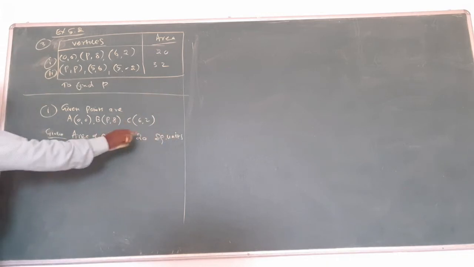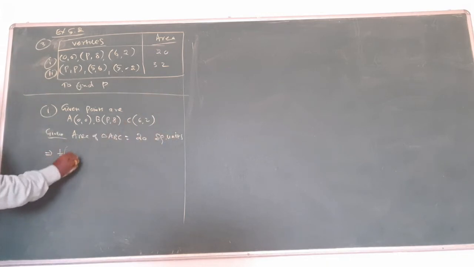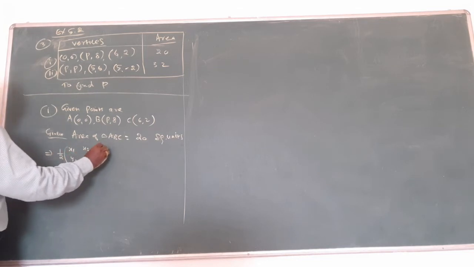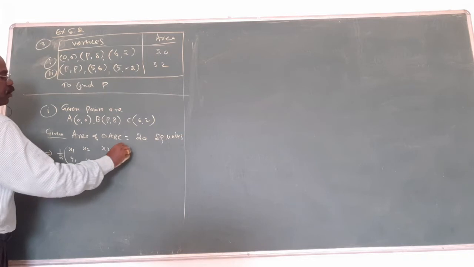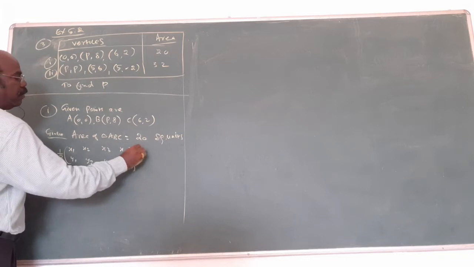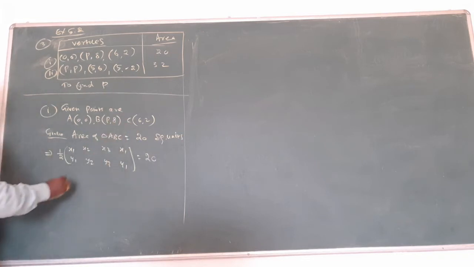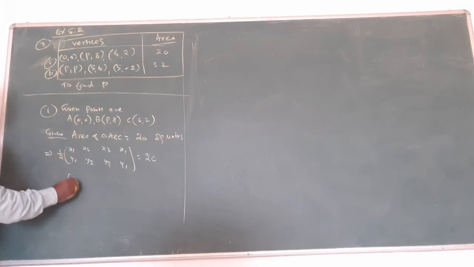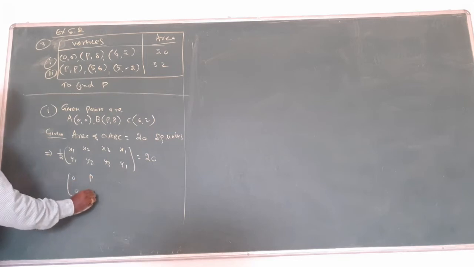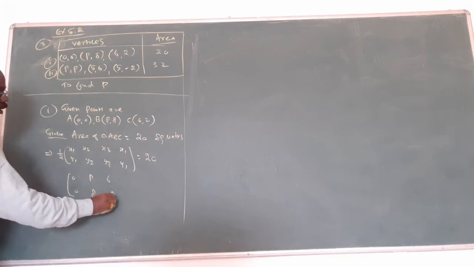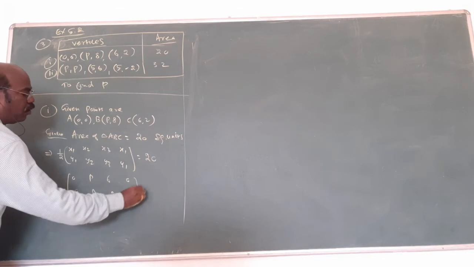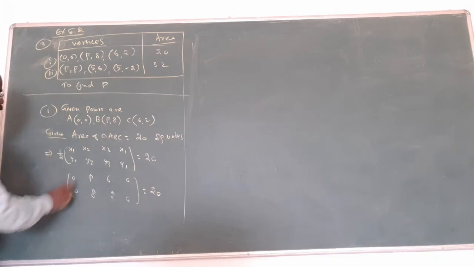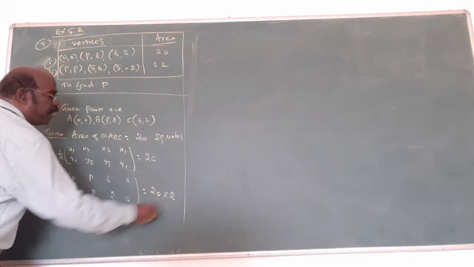Now formula for area of triangle is half into x1, y1, x2, y2, x3, y3, again x1, y1 equal to 20. Right? Now bracket x1, y1, first one is 0, 0, then b, 8, then 6, 2, again 0, 0 equal to 20 into, cross multiplying 1 by 2. Am I right?